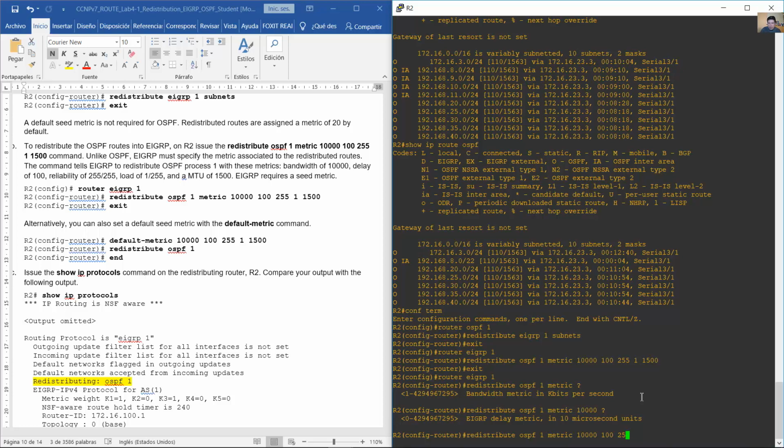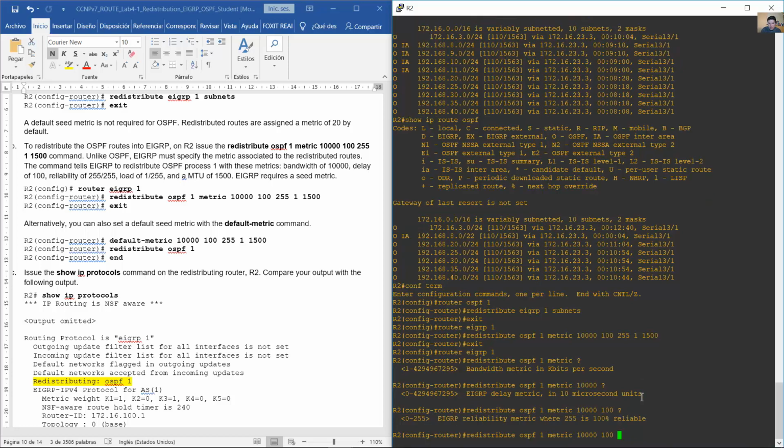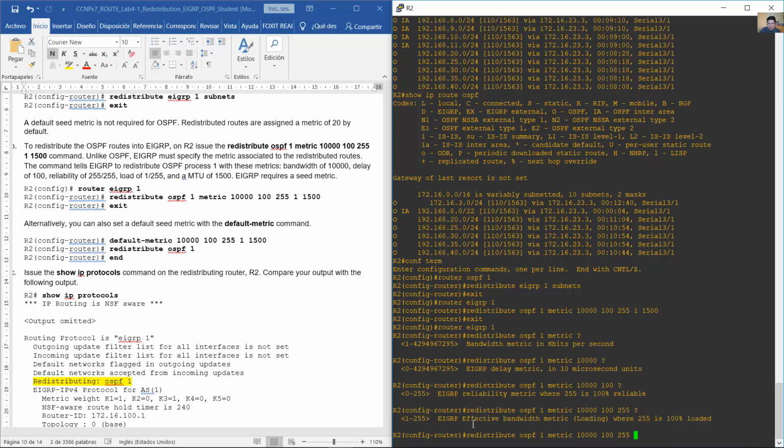Question mark: from 0 to 255 is the EIGRP reliability metric, where 255 is 100% reliable. Question mark: from 1 to 255 is the EIGRP effective bandwidth metric, or load, where 255 is 100% loaded.